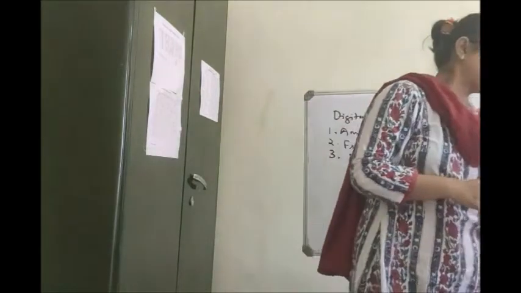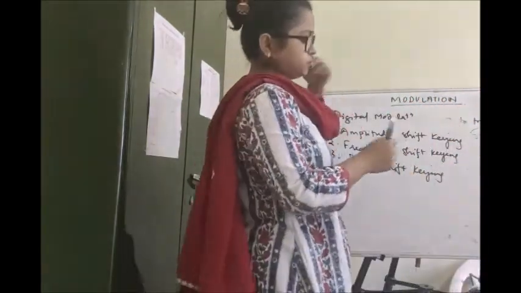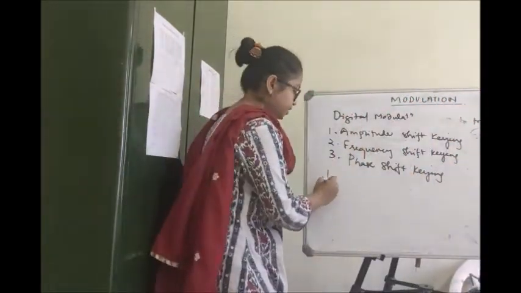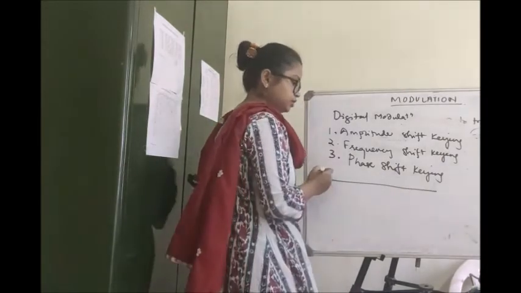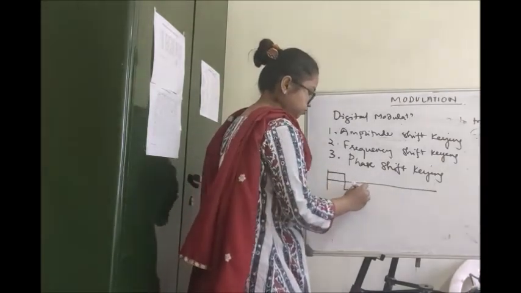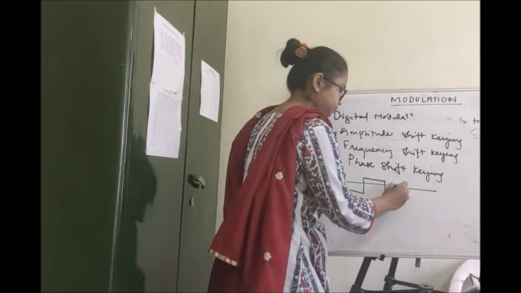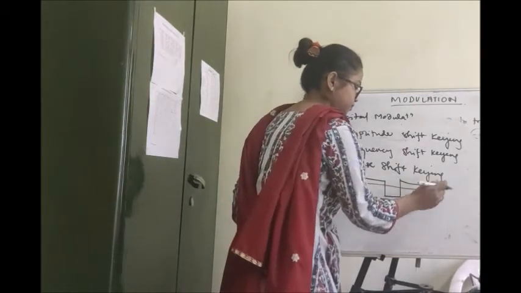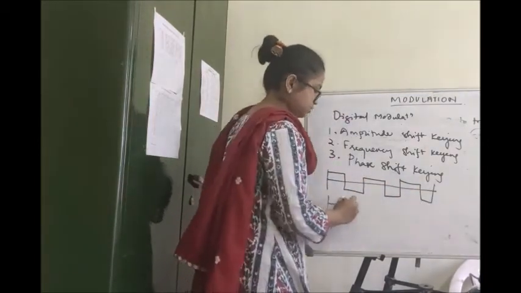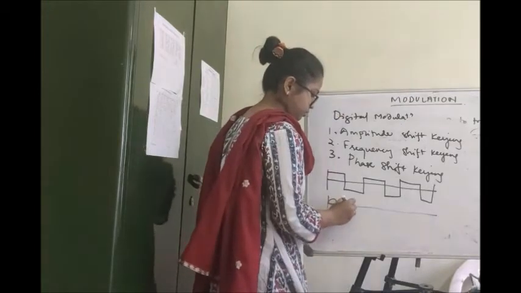Okay. So first one is amplitude shift key. I will just make you go through it. The digital signals look like this. Suppose this is the information signal.